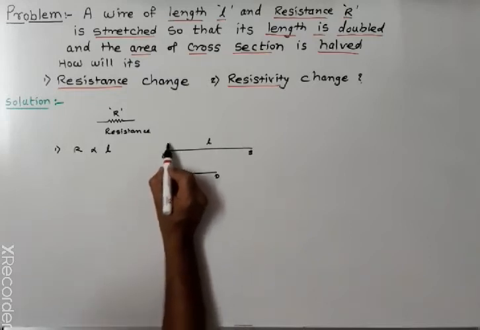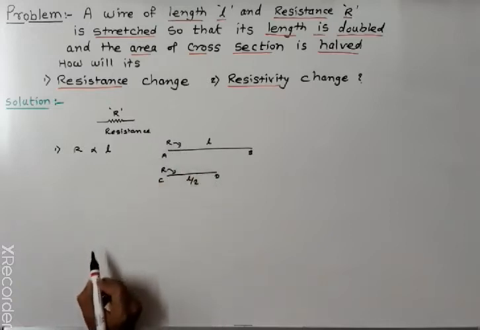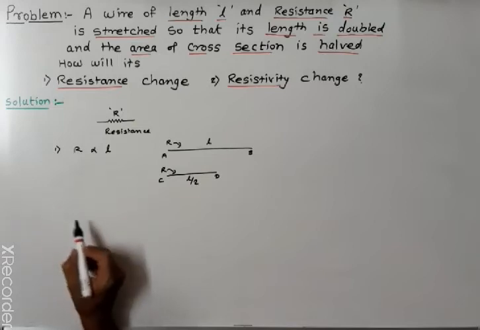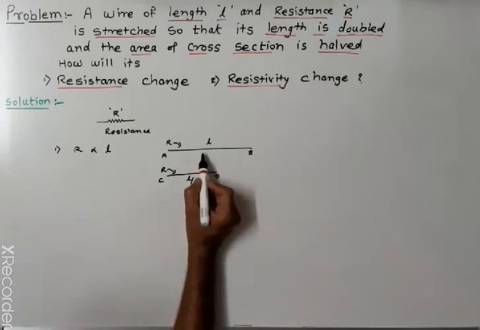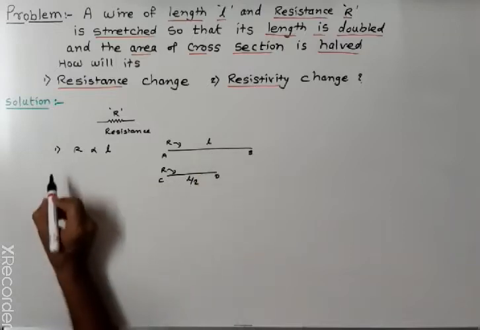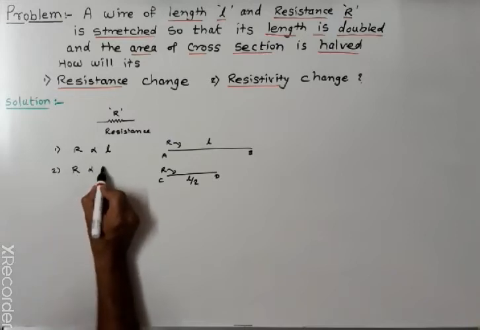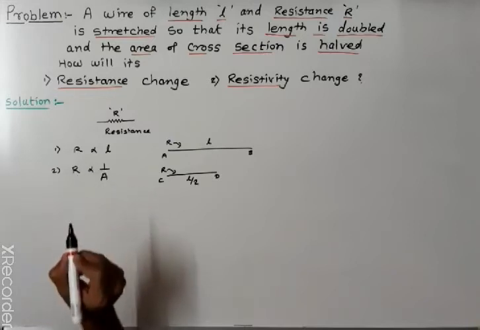Then the resistance in this case and in this case will be different, because resistance is directly proportional to length. From this figure you can say that resistance is more in this case and less in this case. The second thing is that resistance is inversely proportional to the area of cross section.